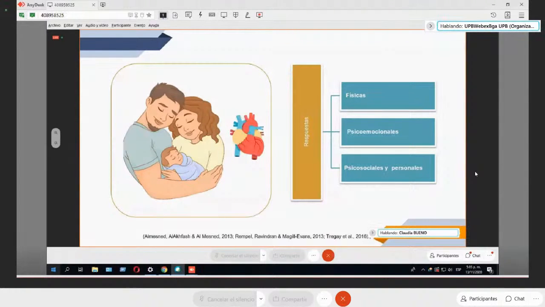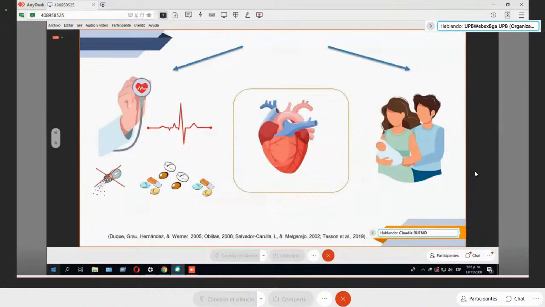That is why in this case it is very important to make the focus of attention not only on the hospital level and on the level of the procedure that needs to be done on the baby, but also on the care of the caregivers. When we are talking about complex congenital heart diseases or a disease, we need to talk about adherence to treatment.